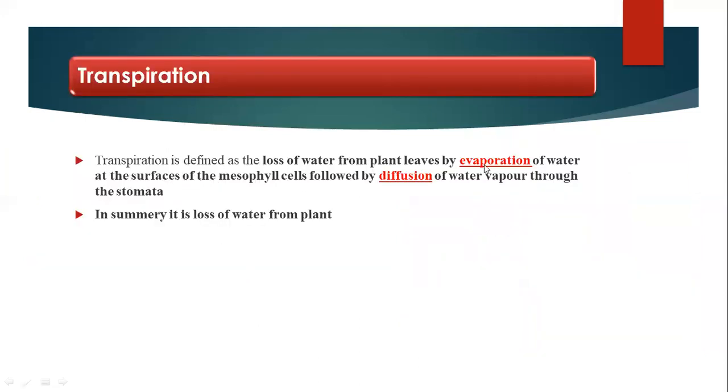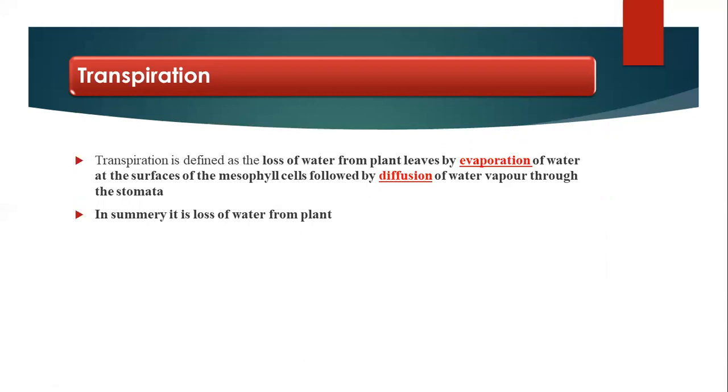Transpiration has a long definition, as you are seeing, and a short definition. It is loss of water from the plant. This is a short definition, but we need to add a few details. Transpiration is the loss of water from plant leaves by evaporation first of water at the surfaces of mesophyll cells. If you remember, the mesophyll cells contain regularly arranged cells and air spaces.